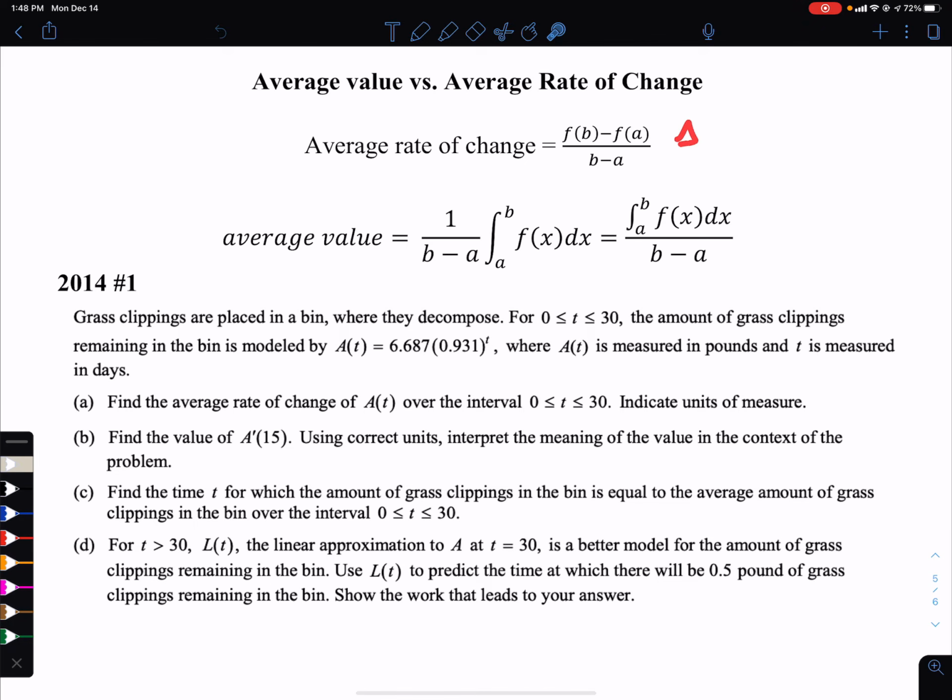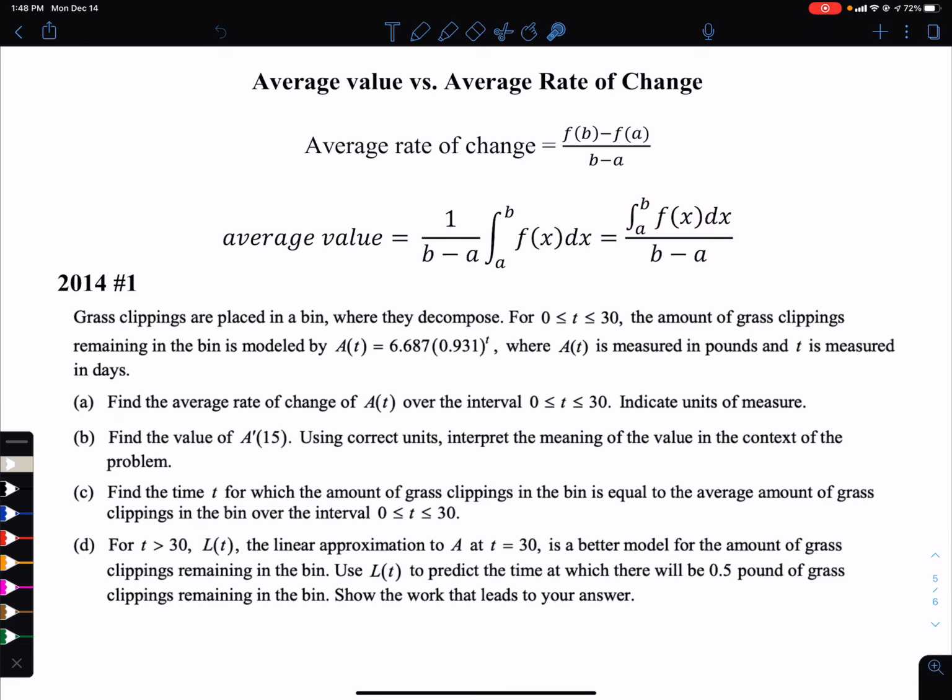The top is delta y and the bottom is delta x in this case. So it's like the slope of a secant line, but it's rate of change of how fast y is changing compared to x. Where average value, you've got to think about it more like when you add up a bunch of things, divide by how many terms. So think about the integration as adding all the f's and dividing by the number of them.